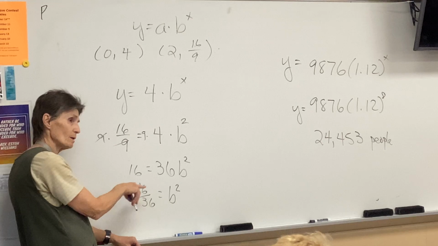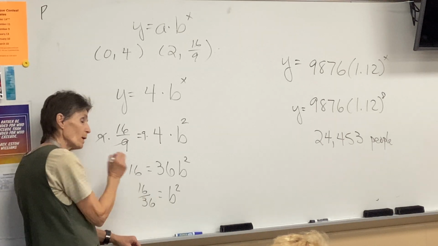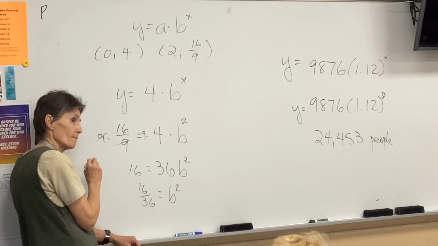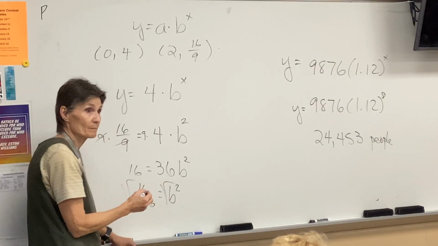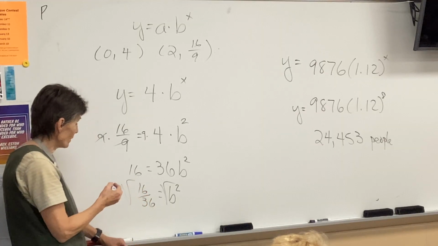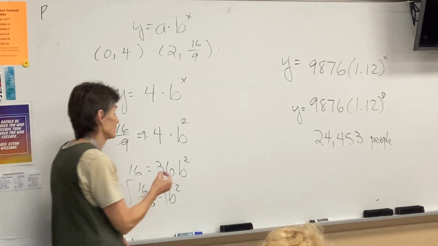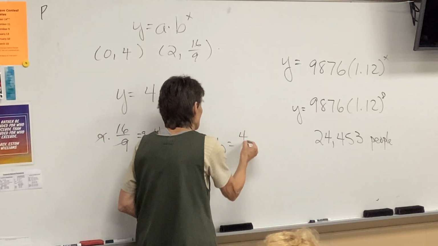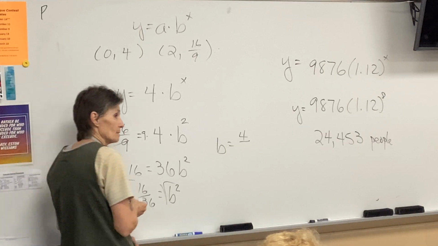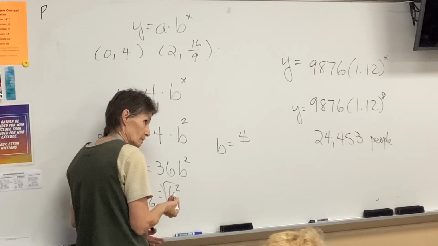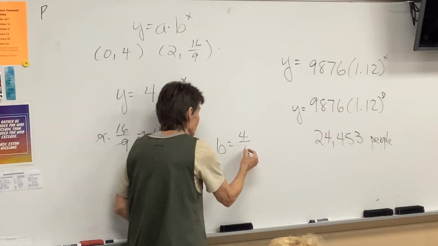What do we need to do here? B squared, so we're gonna need to square root, not square it, but square root it. What's the square root of 16? 4. And the square root of 36? 6.